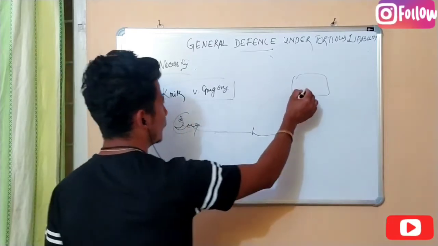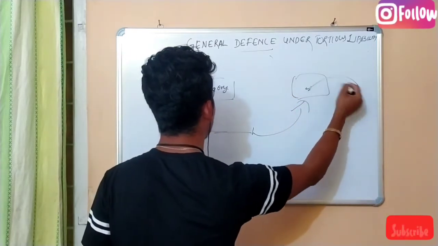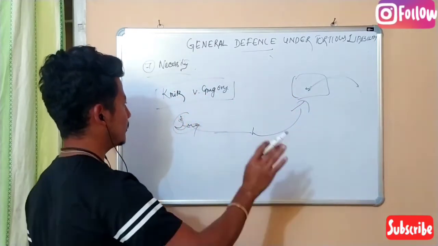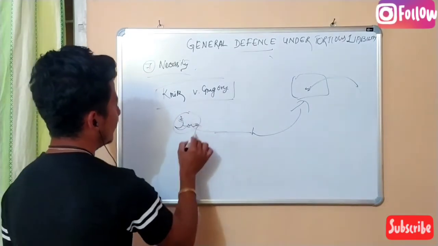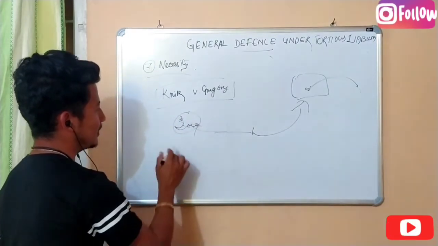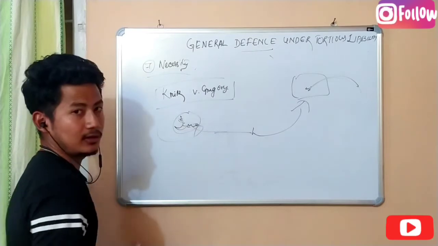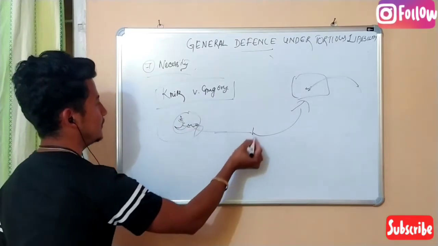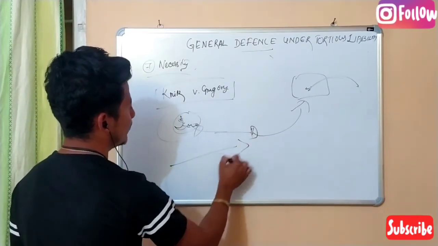Okay, and from there the jewelry was stolen. And when the plaintiff, the representative of the deceased person, filed the suit against the defendant, asking where is the jewelry?